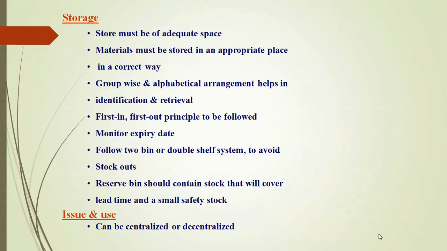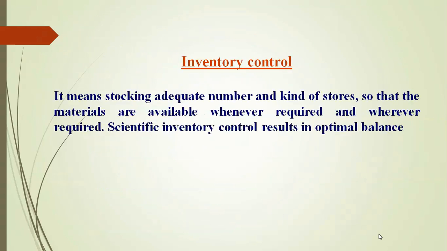The reserve bin should contain stock that will cover lead time and a small safety stock. And issue and use can be centralized or decentralized. In a bigger firm it should be centralized, and in a small firm it should be decentralized. For example, issuing of cement, bricks, furniture, etc. on big construction sites.